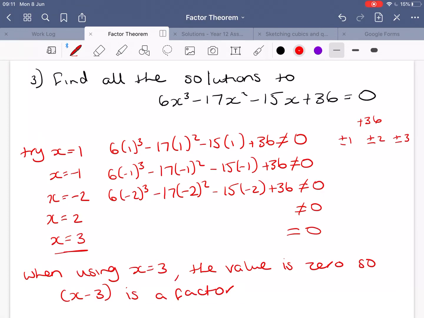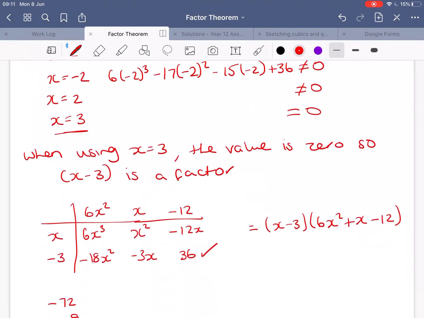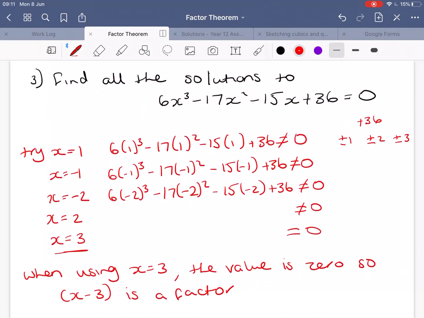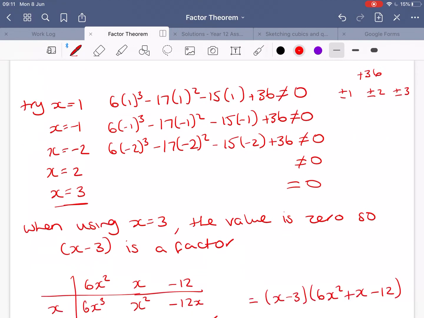So when x equals 3 is a solution, x minus 3 is a factor, do your polynomial division to get that quadratic, and then factorise the quadratic, and you should have got x minus 3, 3x minus 4, and 2x plus 3. But that's not the answer to this question, because it wants us to find the solutions.